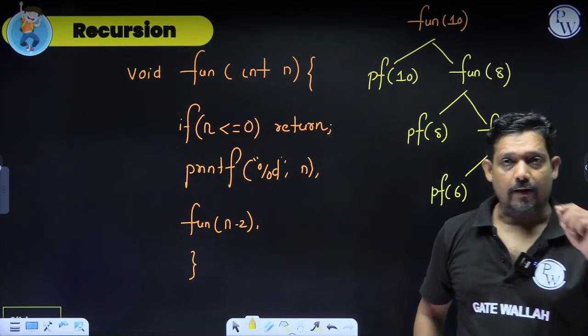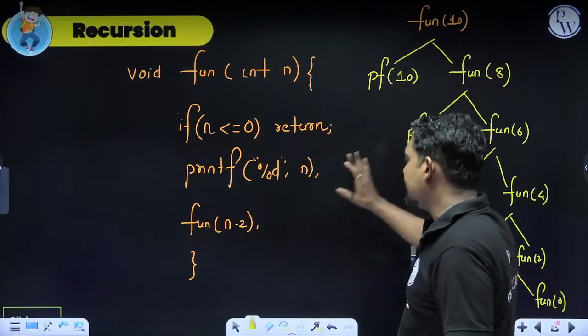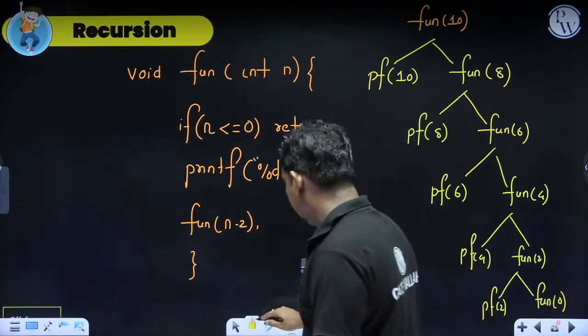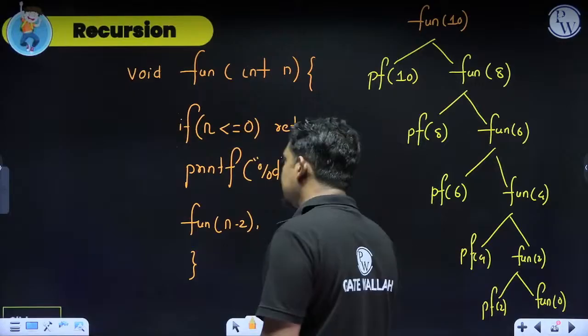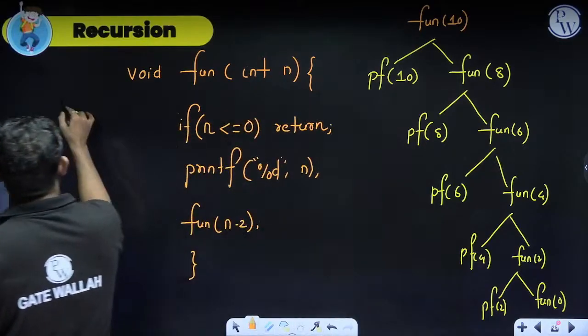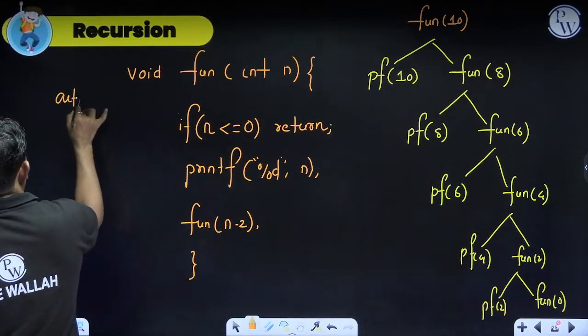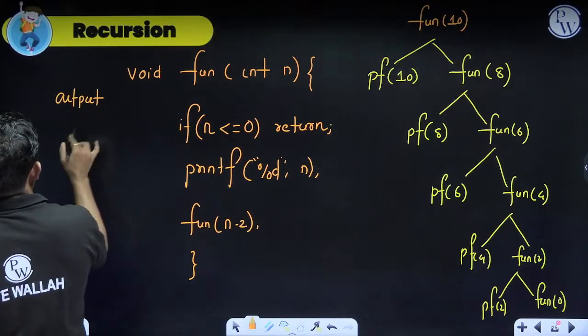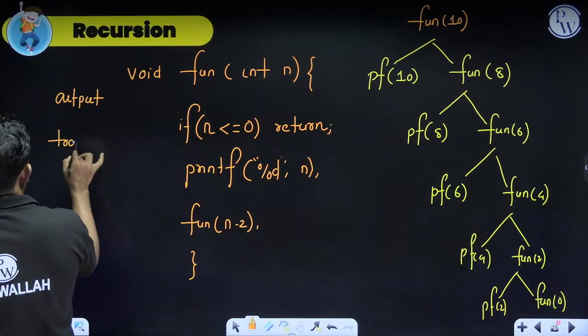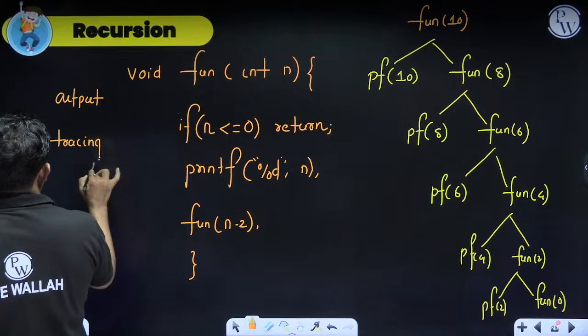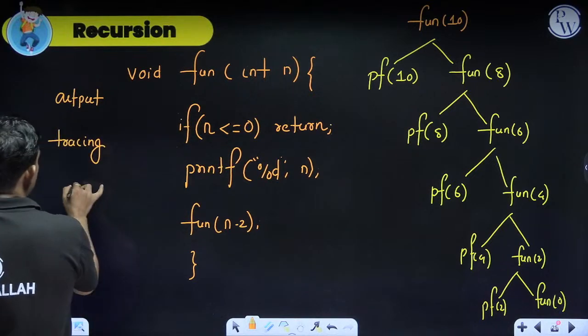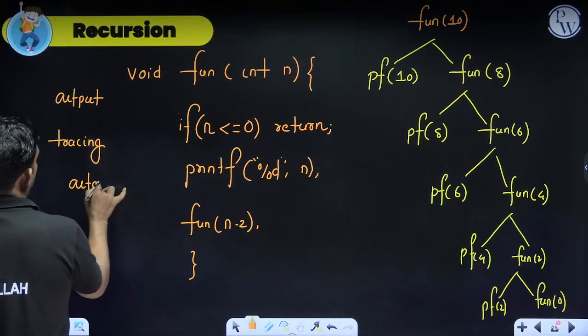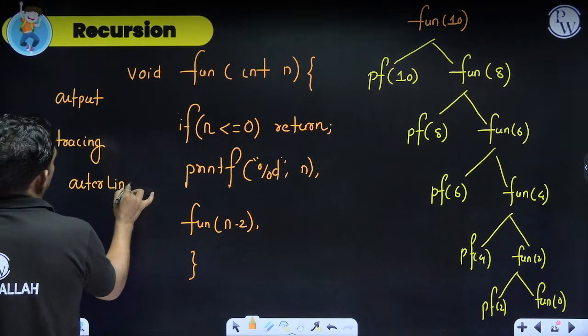Great. Fine. So now that the tree has been constructed, what we need to do is find the output. In any function, if you want to find the output, you do the tracing of it, and tracing is nothing but an outer line. This is the best way to deal with recursion.